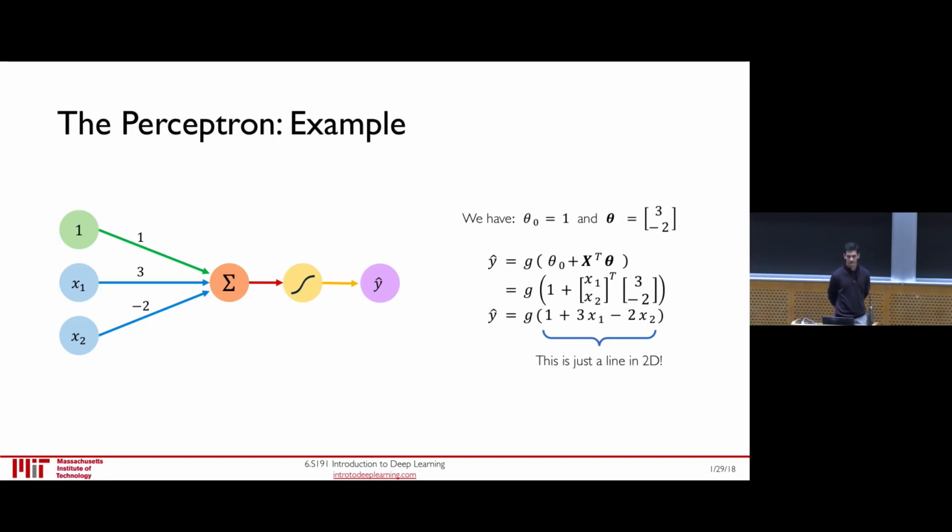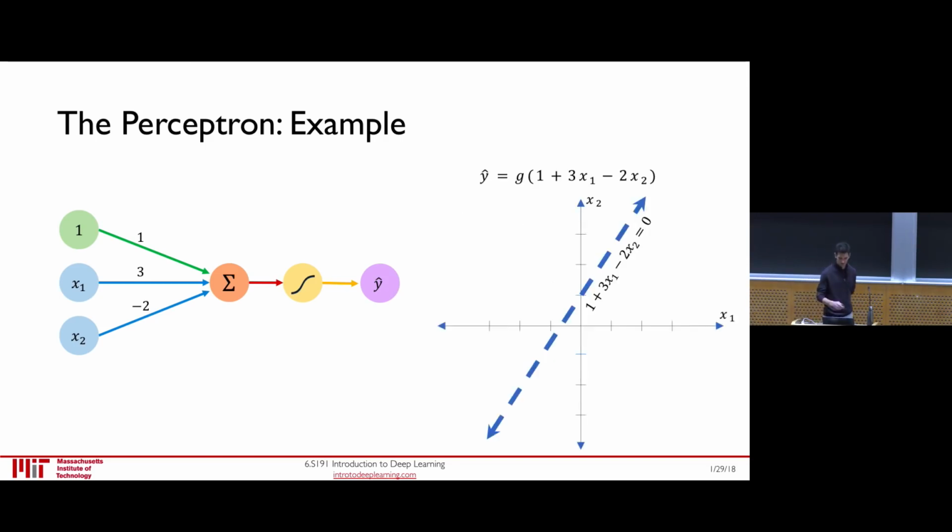But let's take a look at what's actually inside before we apply that nonlinearity. This looks a lot like just a 2D line because we have two inputs. And it is. We can actually plot this line when it equals 0 in feature space. So this is space where I'm plotting x1, one of our features, on the x-axis, and x2, the other feature, on the y-axis.